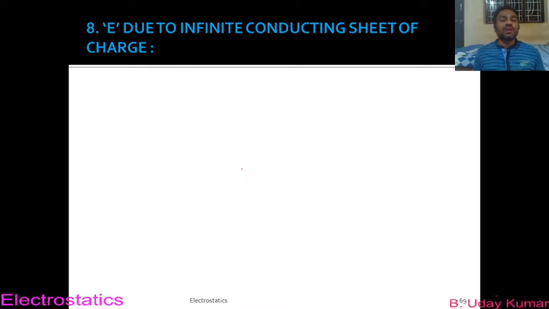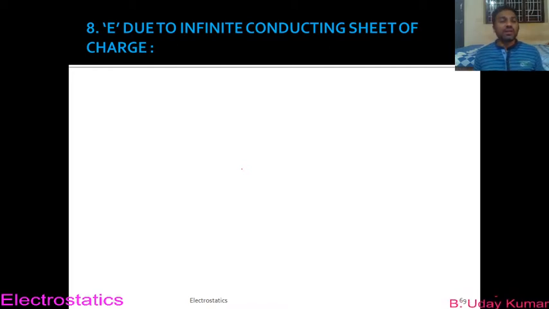So this is electric field intensity due to an infinite conducting sheet of charge. In our last video we determined E due to an infinite non-conducting sheet of charge. There you studied what a non-conducting sheet of charge is and how we determine the electric field intensity due to such a system by using Gauss theorem.